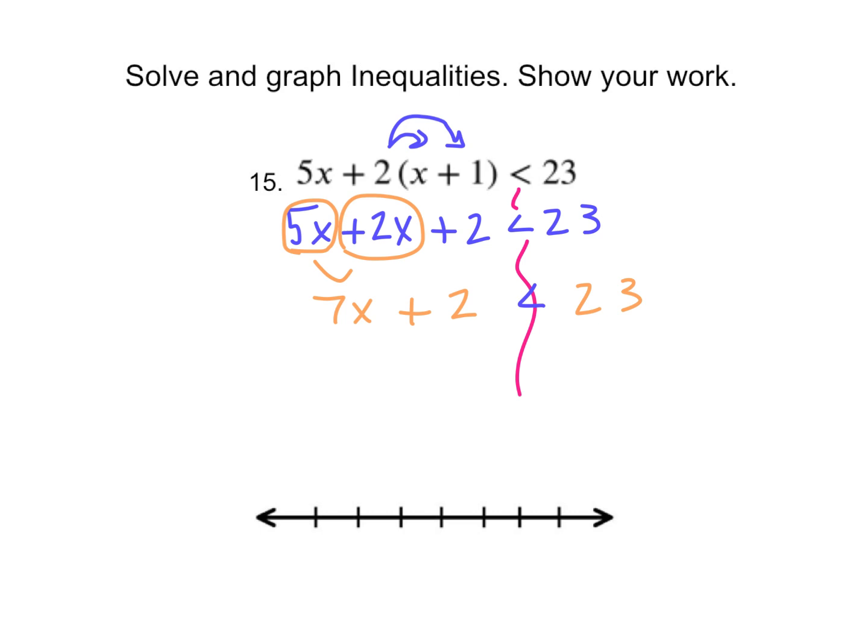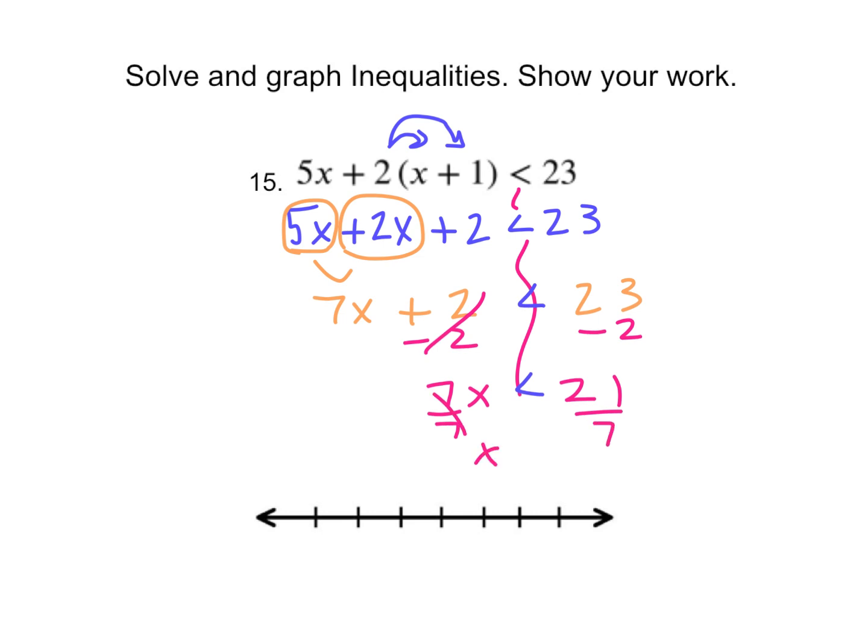Okay, now I have my 2 steps to follow. So next I would subtract 2 on both sides. 7x is less than 21. And then the final step, divide by 7, divide by 7.